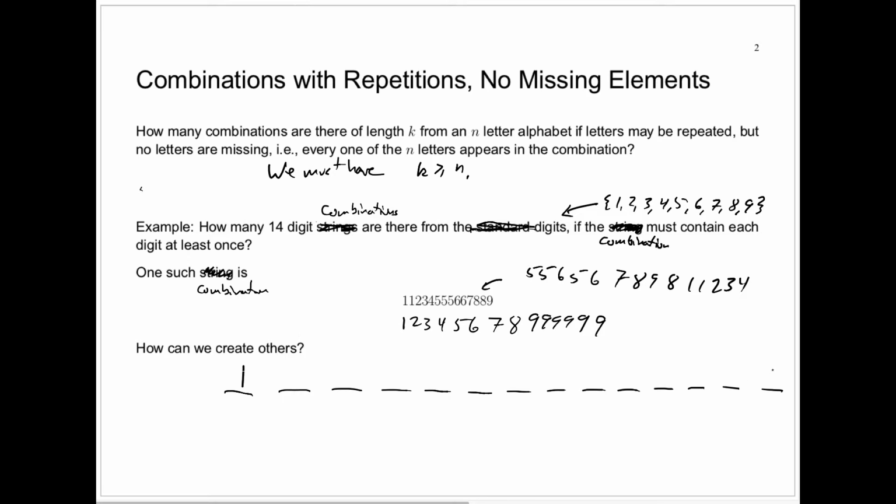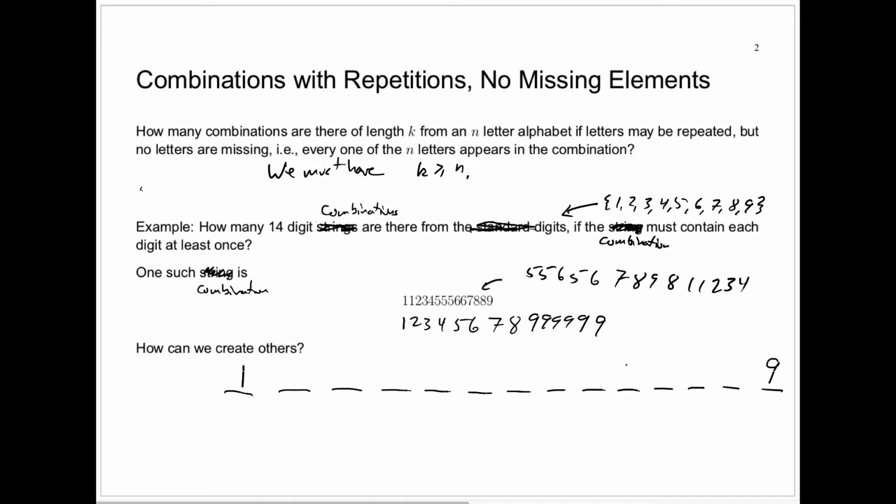And somehow at the end here, there has to be a 9. And I have 14 spaces written here. I just counted them real quickly in my head. There are actually 14 spaces. So those have to be that way.